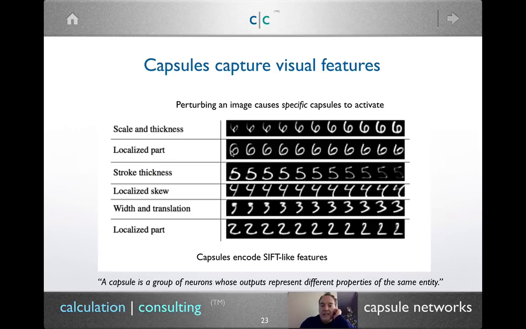And by doing this, we see different capsules activate. So the idea is that a capsule is a group of neurons whose outputs represent different properties of the same entity. And in fact, if you used to do image recognition with SVMs, these are SIFT-like features. So we're explicitly learning SIFT-like features for the objects that we have in our data set.